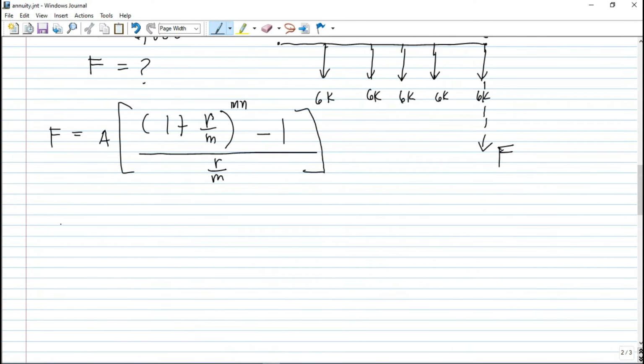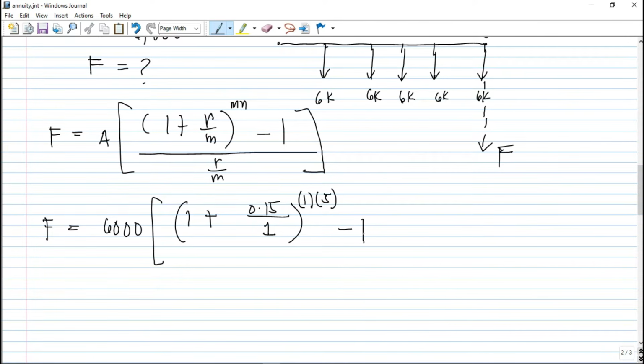After you have this formula, we just input. You have your F equals A, that is 6,000. Okay, 1 plus R is 15%. So, 0.15. This is annually, so this is just 1. Raised to Mn. So, our M is 1 times N. N is 5. So, minus 1 here.